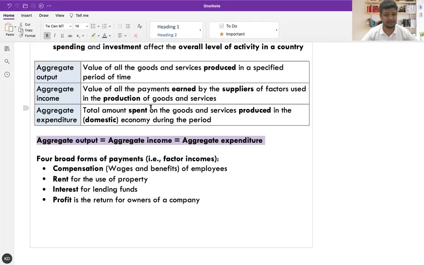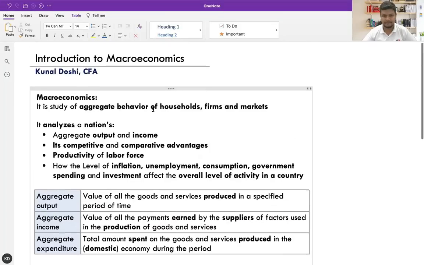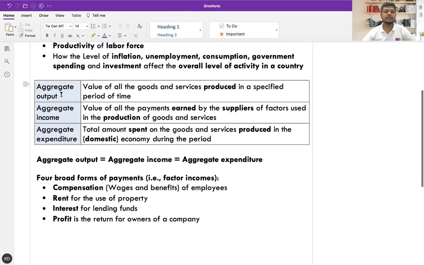So when we calculate for the economy the aggregate amount of goods and services produced, that is aggregate output, it should be similar to aggregate income or aggregate expenditure. For the entire economy, it should be one and the same thing. However, there are some statistical differences, but theoretically, they should be perfectly equal. Clear?